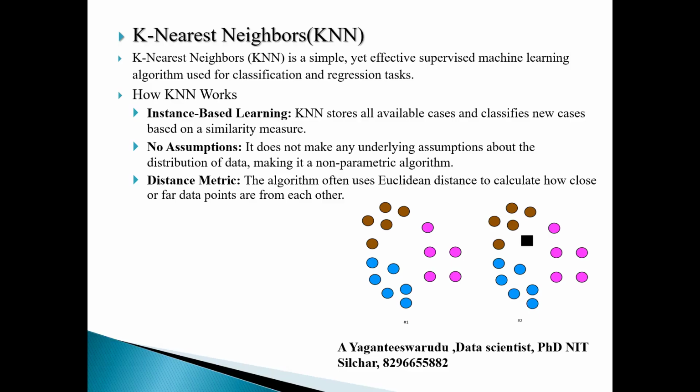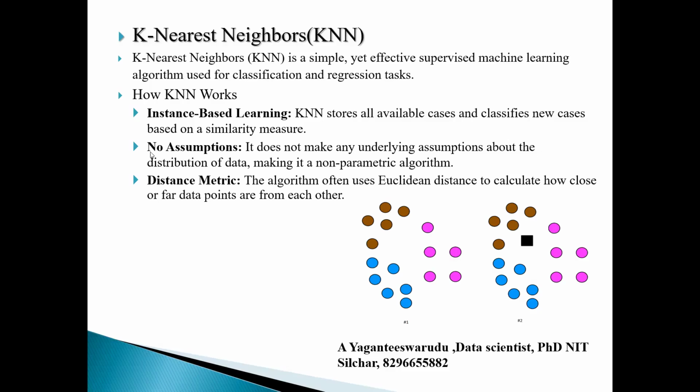How to calculate the distance? We'll see with an example. After calculating the distance, if I mention three nearest neighbors, it will choose the three nearest points. Based on that, it will classify the new data point. We'll see with an example how to find the nearest neighbors and how to choose the final class.